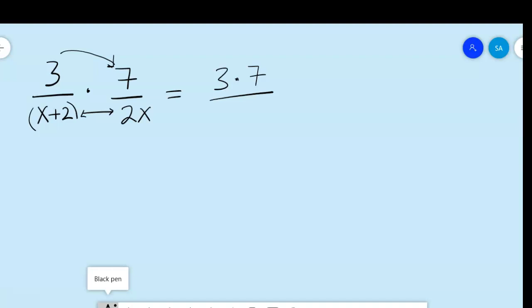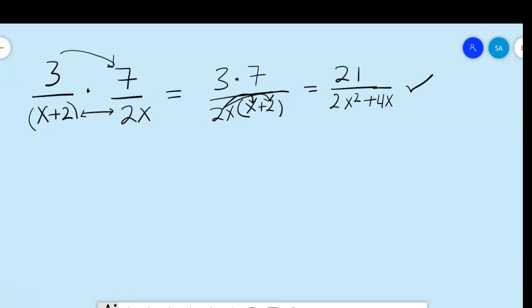Let's bring that one term first, and then the 2 terms. 3 times 7 gives us 21. Here you distribute, so 2x times x gives us 2x squared, and then 2x times 2 gives us 4x. And you're done. Thank you. See you in the next video.